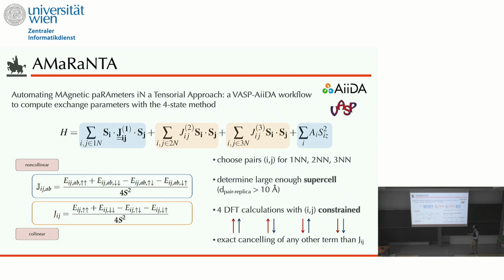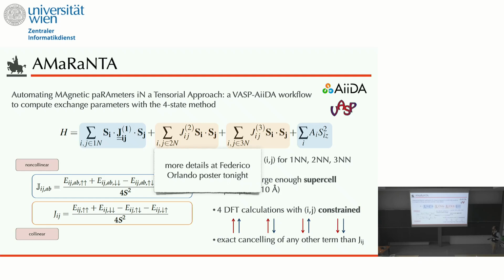That is still a way to get all the components of the spin Hamiltonian, both in the collinear case or even the non-collinear case. That is based just on DFT calculations with different configurations of the spins. But I don't want to discuss too much because I don't want to spoil Federico Orlando's poster. So if you are interested in this, you can learn more from him at the poster session later.